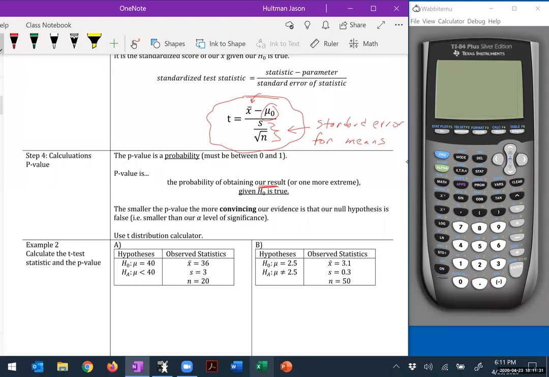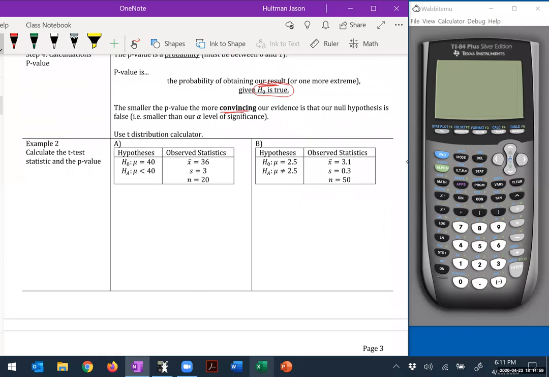If we have a really small probability that our null is true, then we would have to reject the null. The smaller the p-value, the more convincing our evidence is that our null hypothesis is false, i.e., smaller than our alpha level of significance.